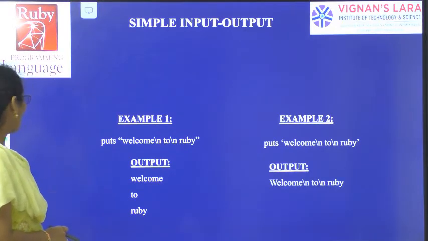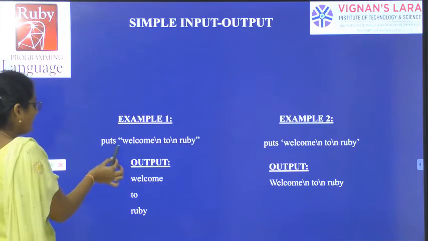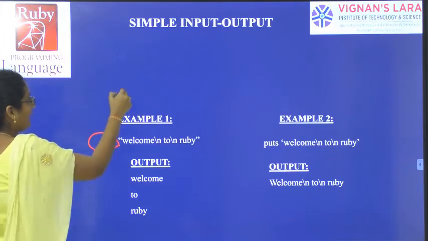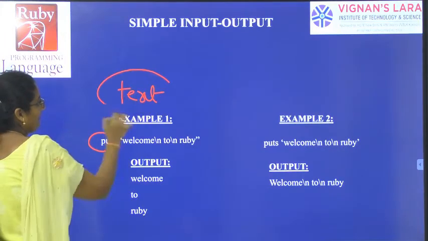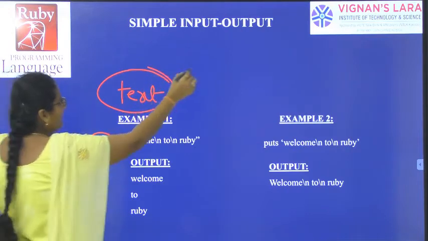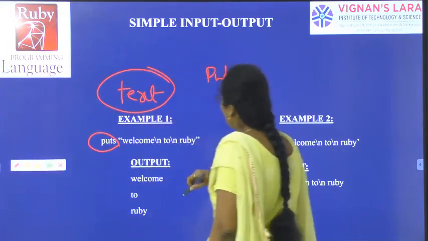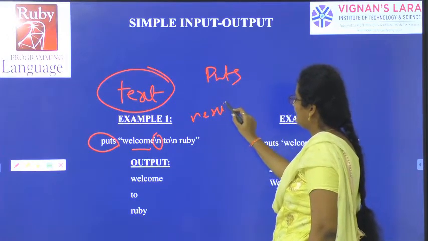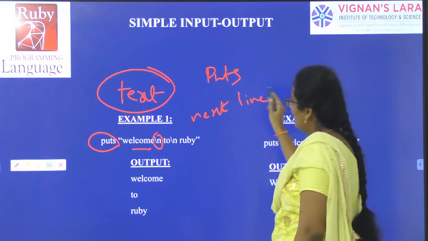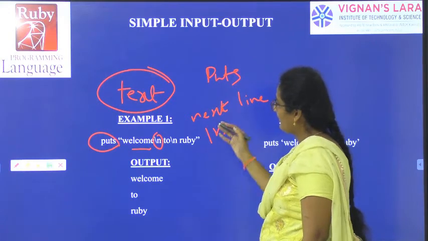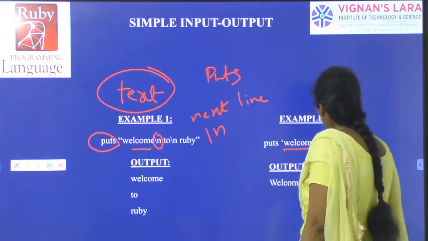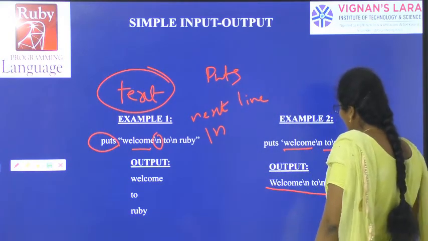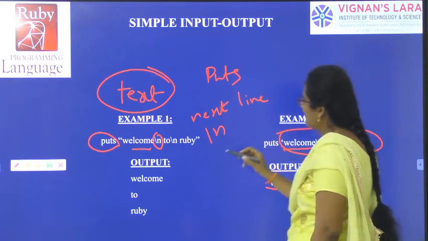In this example we are using puts, because I wanted text output. So we are using the method puts. Welcome, backslash n is used for going to the next line. So welcome to Ruby. If you want it in a single line, you use single quotations.